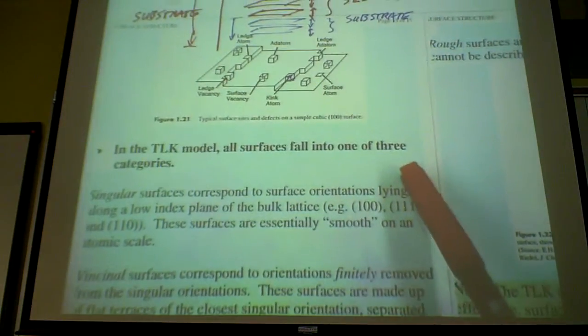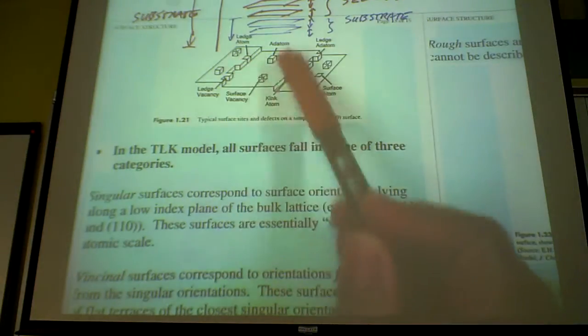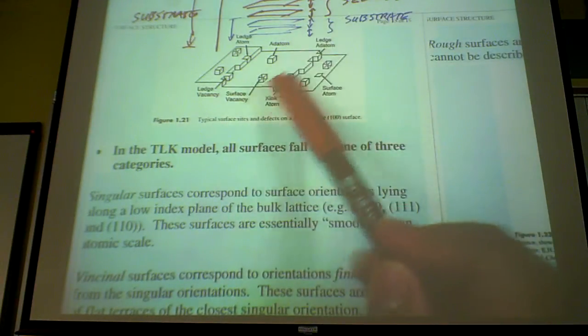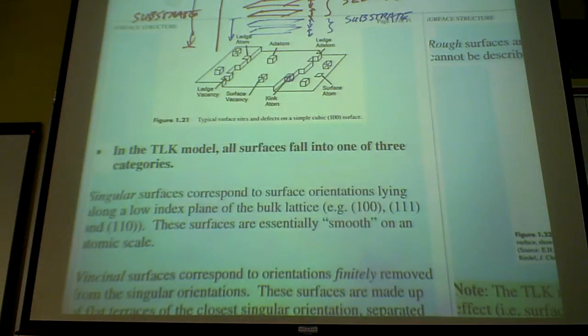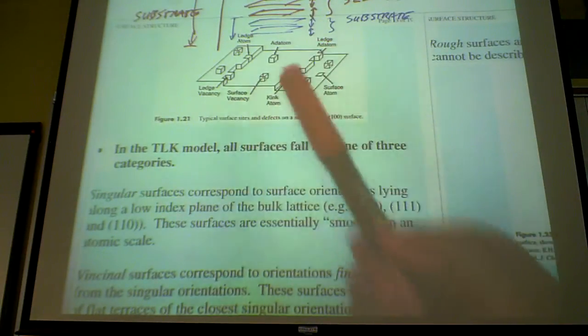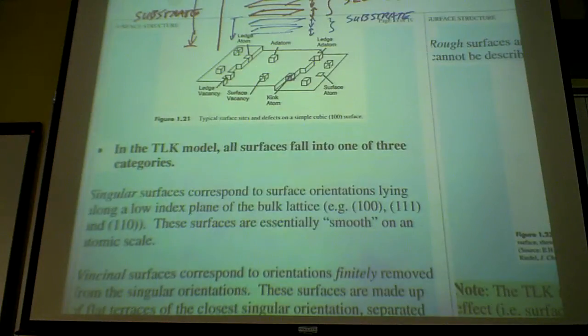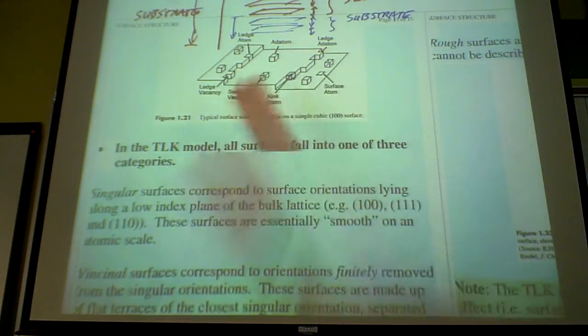We used the TLK model last time, which stands for terrace, ledge, and kinks. We have terraces, and we have ledges, which are the long monoatomic steps, and then you have kinks, which are the defects along these step lines. And of course on the terrace there could be defects as well.